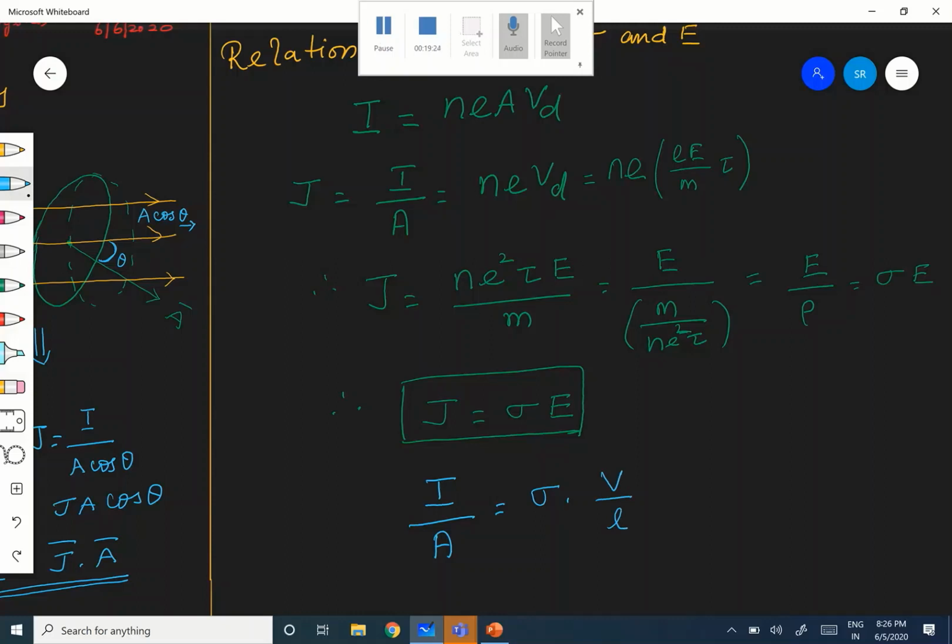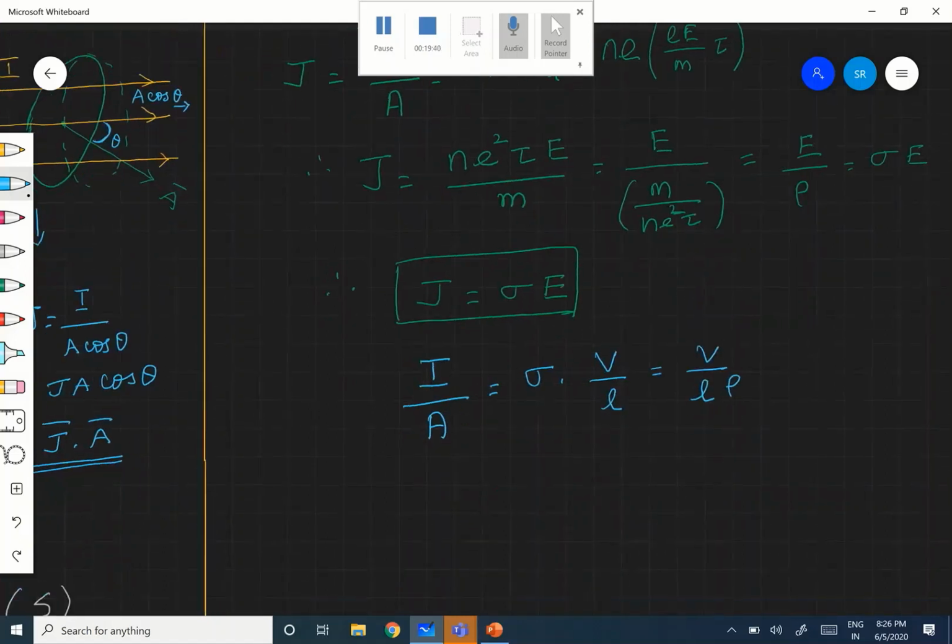And that is V by L into 1 by rho, since sigma is 1 by rho. Are you following?